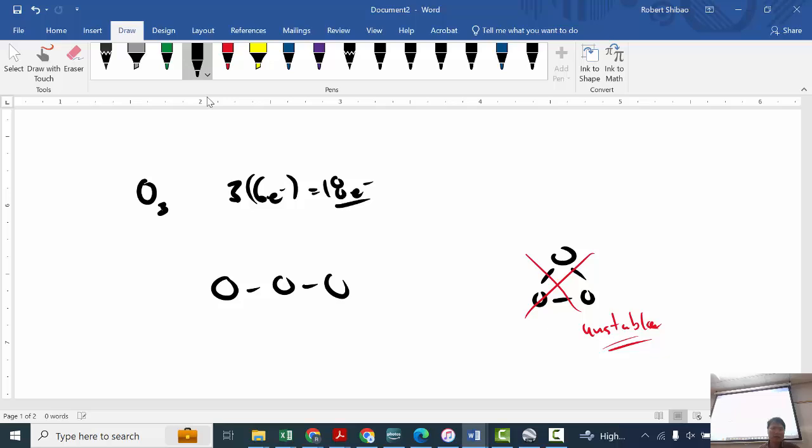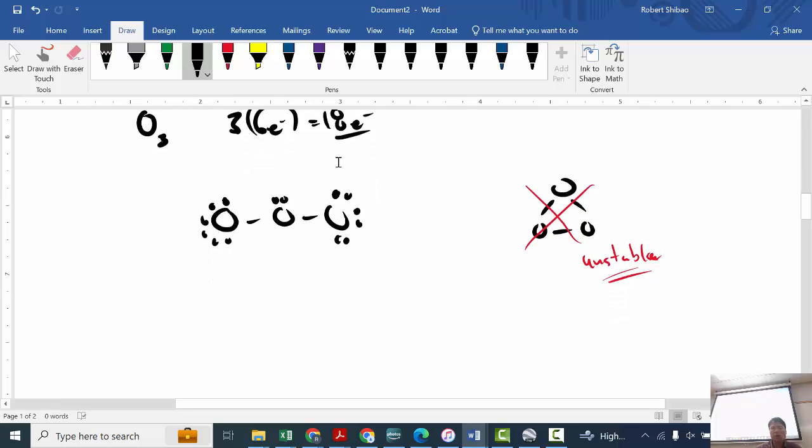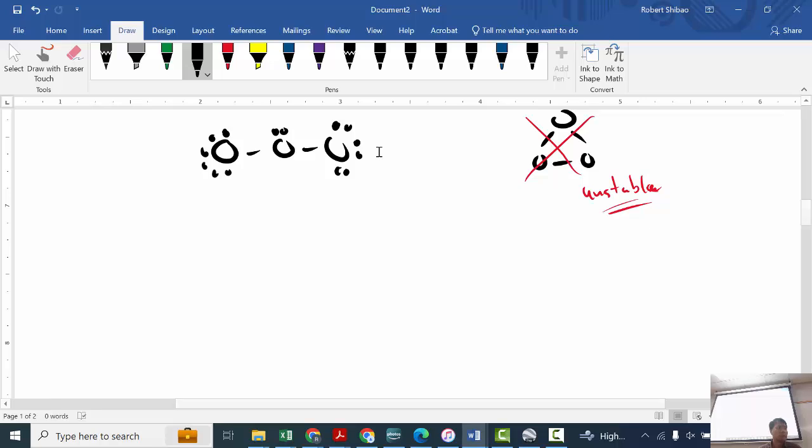And then we have 18 electrons. We complete the octets of the terminal atoms first, and that takes care of 16. Then we have one electron pair left, and that will go on the center atom. But what's wrong with this structure? Do you see a problem with this structure?